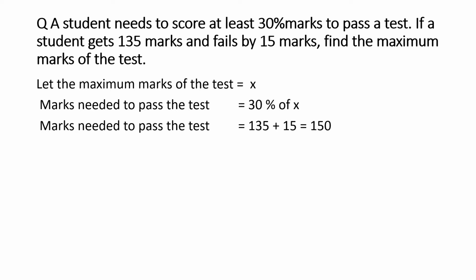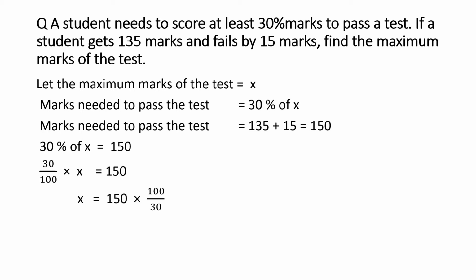Now we have both the things in terms of percentage as well as in number, the marks needed to pass the test. So we are going to equate them. 30% of X is equal to 150. 30 by 100 into X is equal to 150. And to find the value of X, this 30 by 100 will go as 100 by 30 to the RHS. And when you cancel it off, you will find X is equal to 500. So the maximum marks of the test is 500.